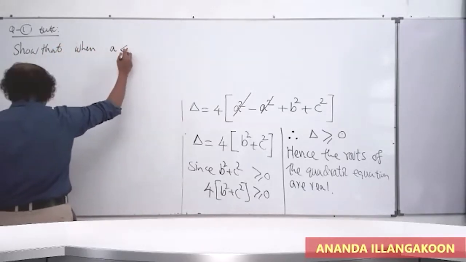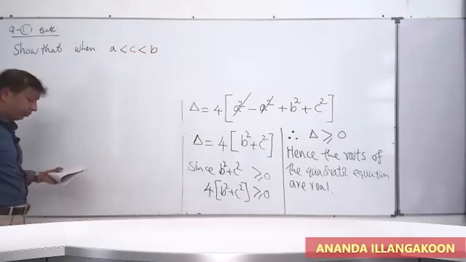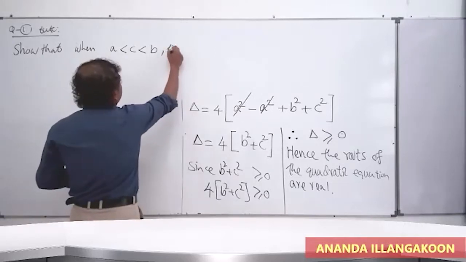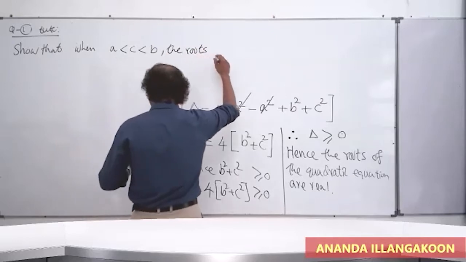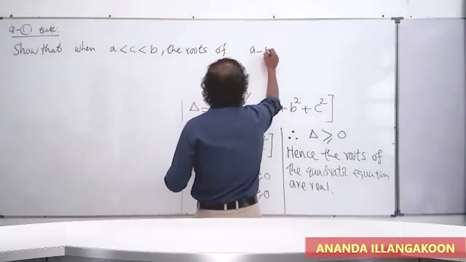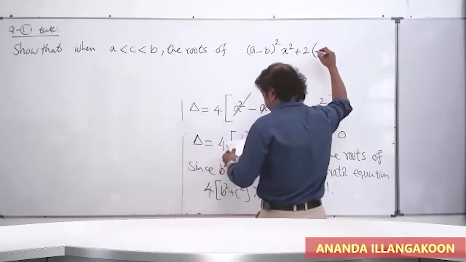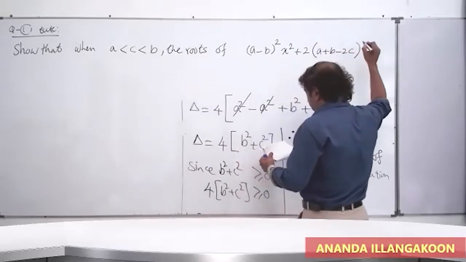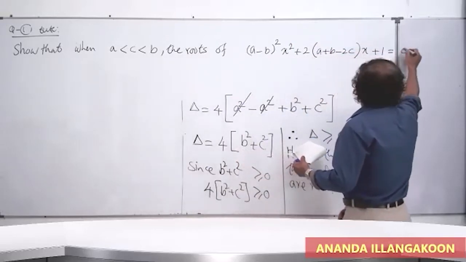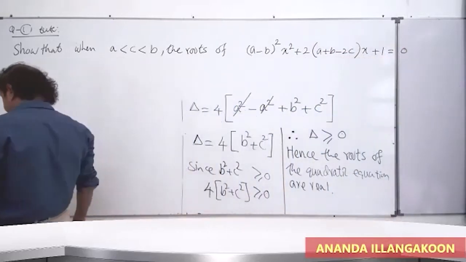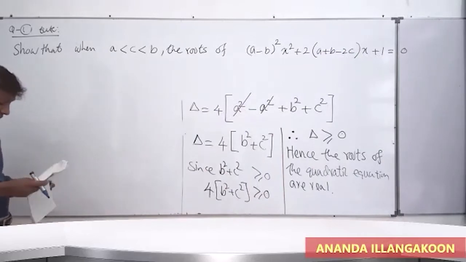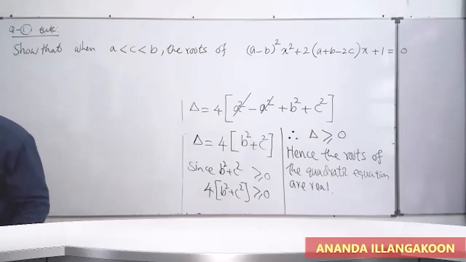when a is smaller than c and c is smaller than b, the roots of (a minus b) squared times x squared plus 2 times (a plus b minus 2c) times x plus 1 equals 0 are imaginary.